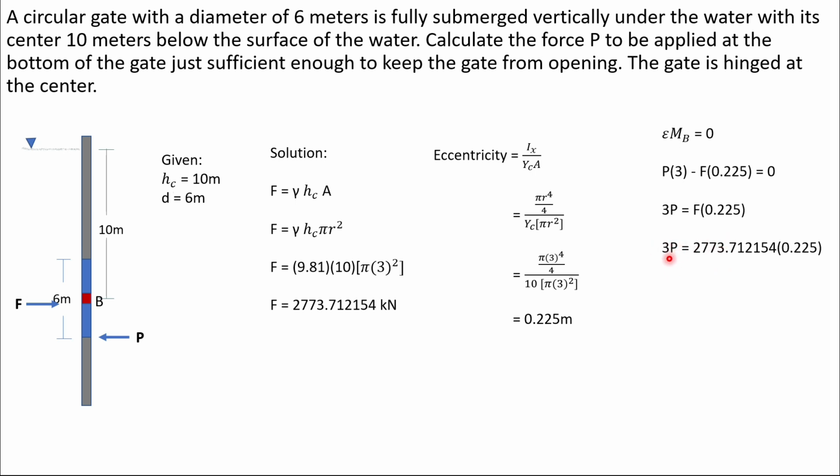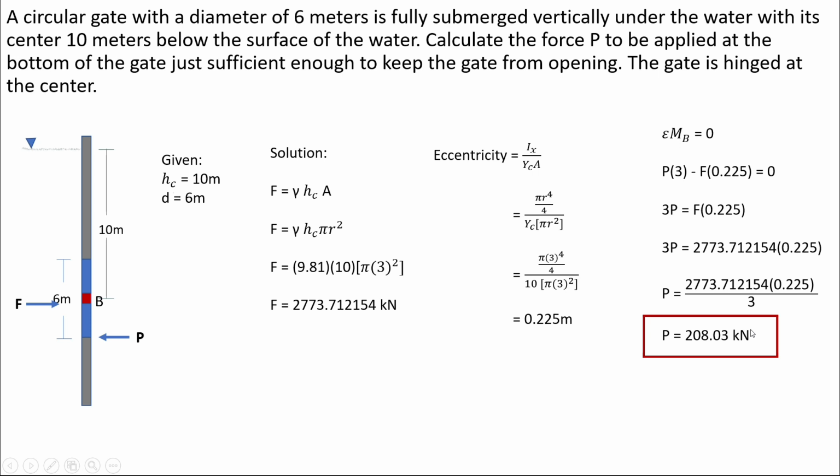And we are looking for the value of P. So we will divide both sides by 3 so that only P will remain on the left side of the equation. And then simplifying using a calculator, we have the value of P, which is 208.03 kilonewtons. And this is now the final answer.